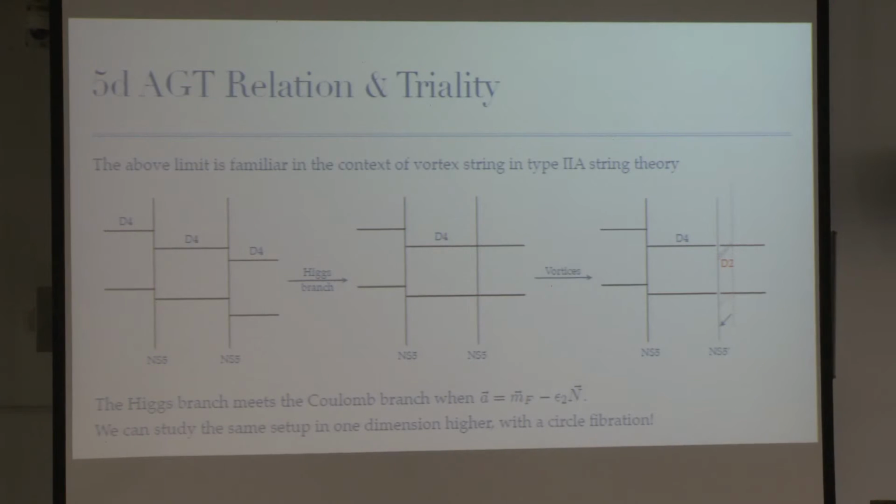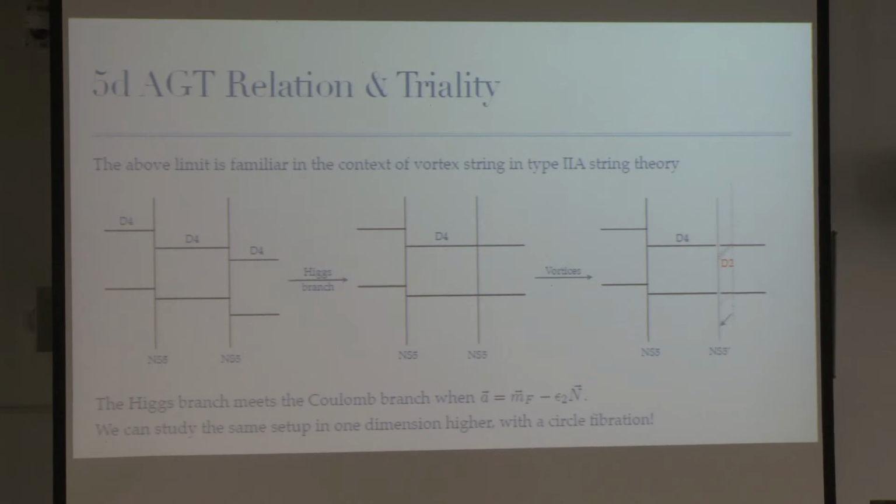And if you move the D4 branes which are extending to infinity together with the internal D4 branes, you can move this NS5 brane, and then you can suspend between the D4 branes and what I call the NS5 prime these D2 branes. And these are the vortex strings.